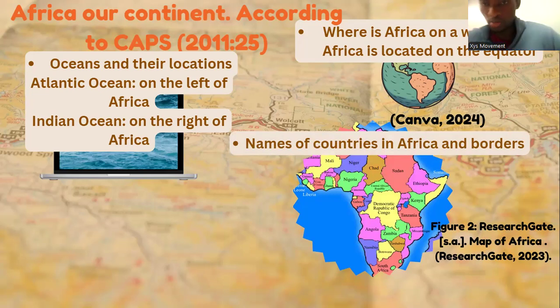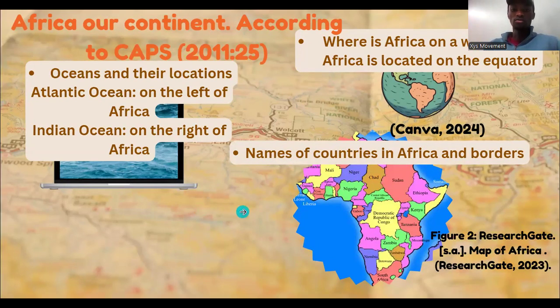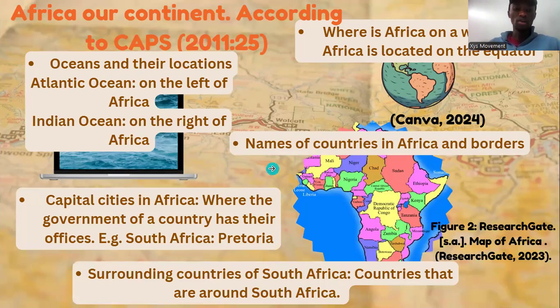And the third one is that you look at the names of countries in Africa and its borders. Remember that borders are lines that separate countries, and some of the names of the countries, as you can see, South Africa is part of them: Namibia, Botswana, Egypt, Zimbabwe, and all the countries of Africa. We look at the capital cities of Africa.